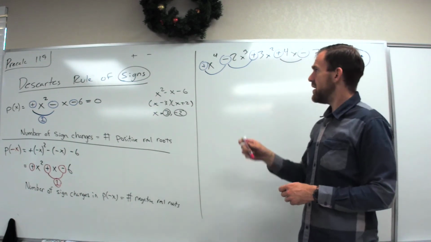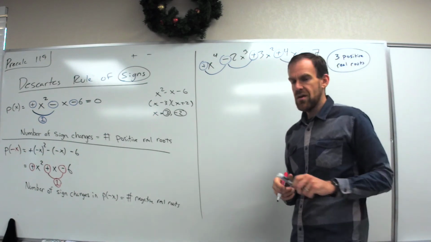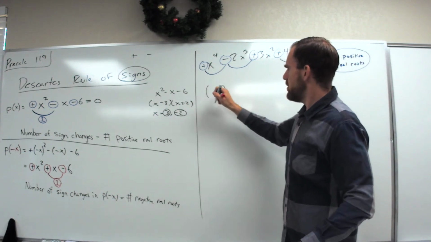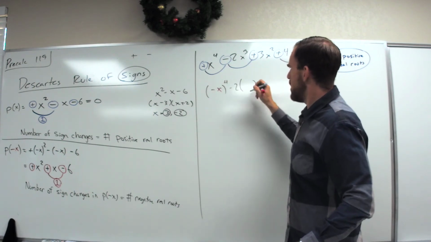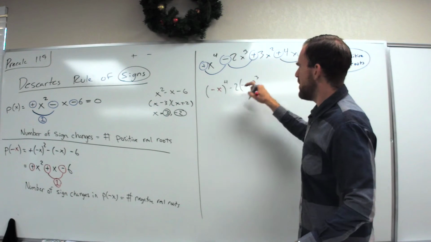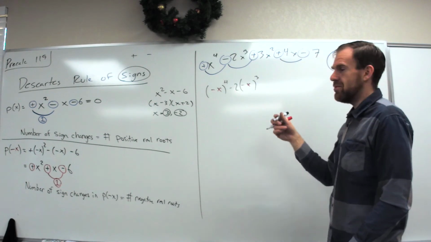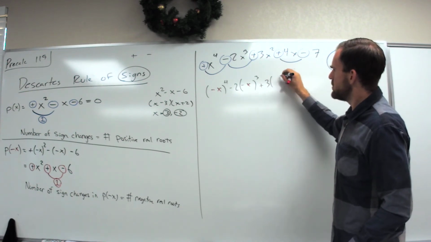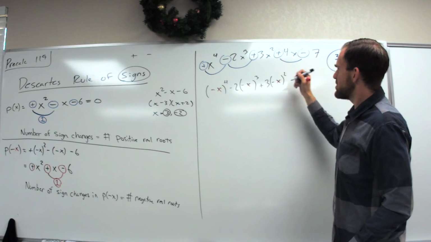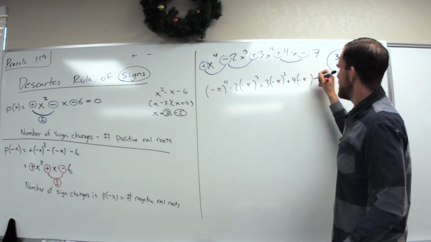Now, I'm going to plug in negative x for x to find the negative roots. So I have negative x to the fourth minus 2 times negative x cubed. Remember, a negative to an even power is just going to go away. To an odd power, it will change. Plus 3 negative x squared plus 4 times negative x minus 7.